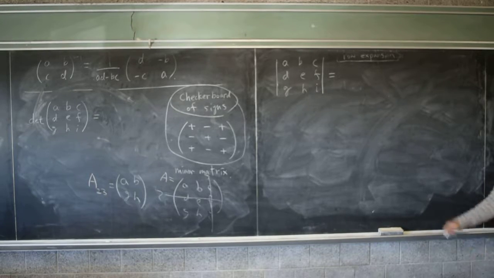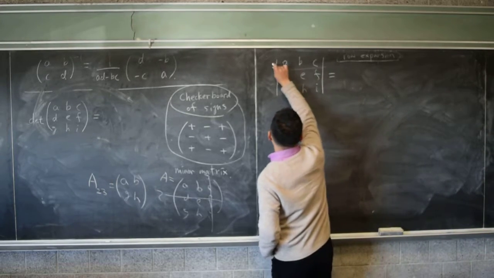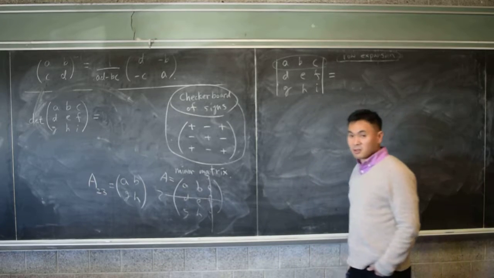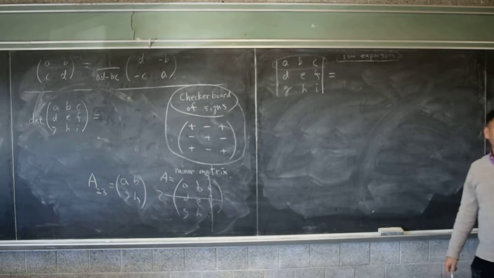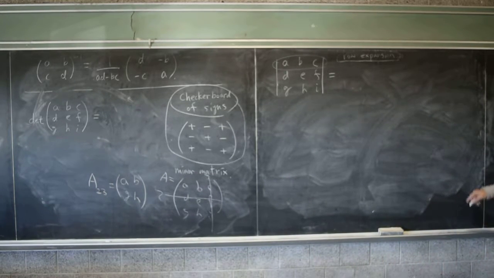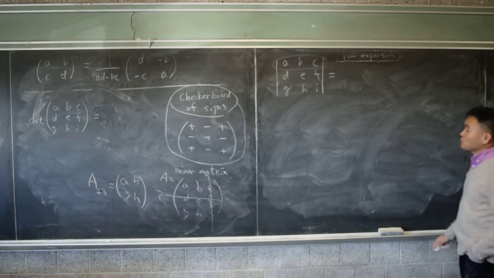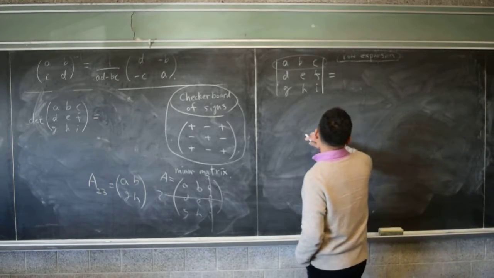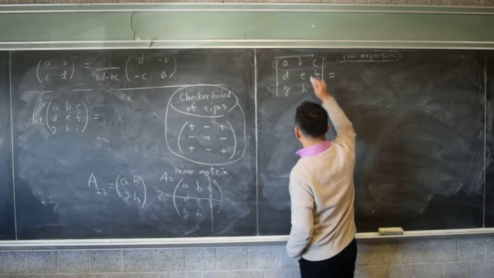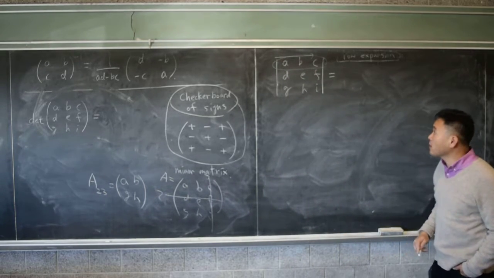First, you pick a row. I'll pick the first row because that's often the case. A lot of times people pick the first row. There's some other cases, we'll discuss that later, but if I choose the first row, this is what you do.